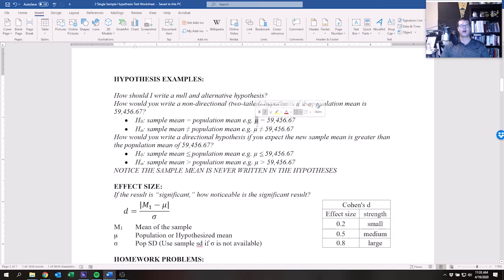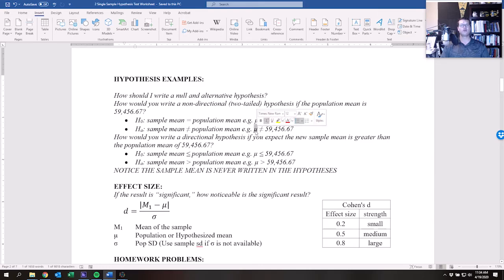The reason it says mu here is because it is representing a point estimate of a population. So there's no difference between this and the population mean. The alternative says that the new mu, the new sample mean, or the new population mean, is not equal to the old population mean.